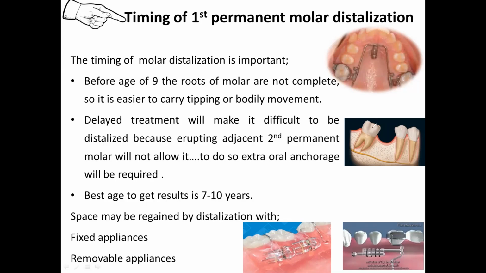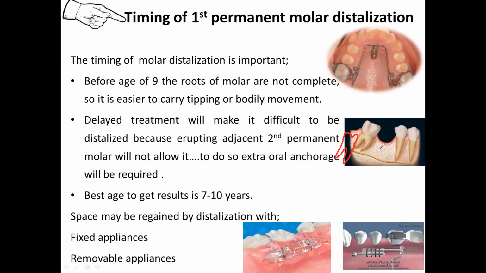Now take this example again. You see here the 6 is there, but your 7 is not yet there. So you can distalize this tooth back easily. But when there is a 7 present adjacent to it, I make this 7, the second permanent molar, here.